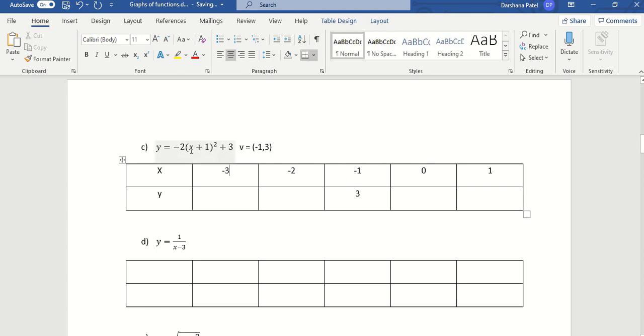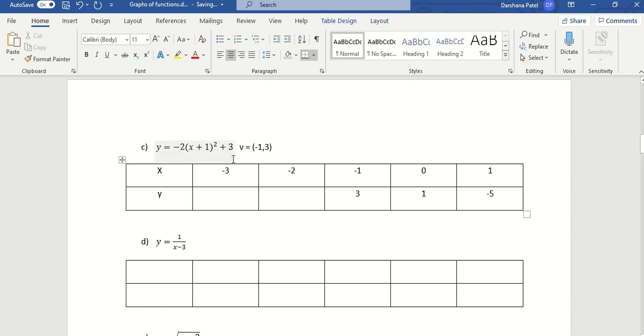Now let's try to put 0 in there. So if I put 0 there, 0 plus 1 squared will give me 1, times negative 2 will give me negative 2, plus 3 will give me a 1. Now if I put 1 there, 1 plus 1 will be 2, squared will be 4, times negative 2 will be negative 8, plus 3 will give me negative 5.